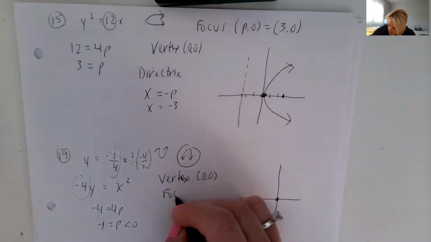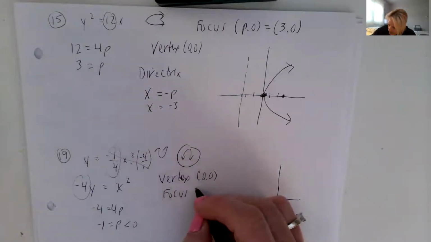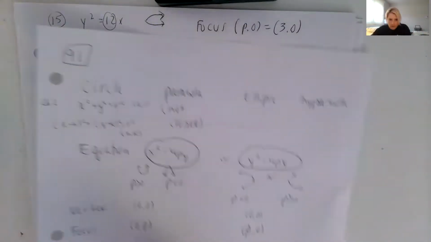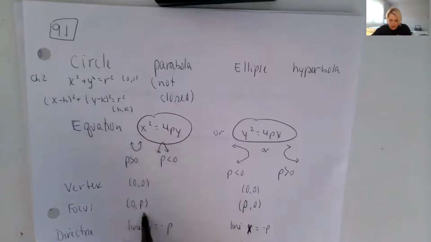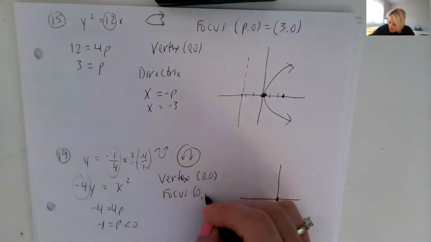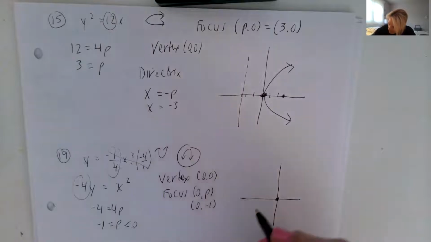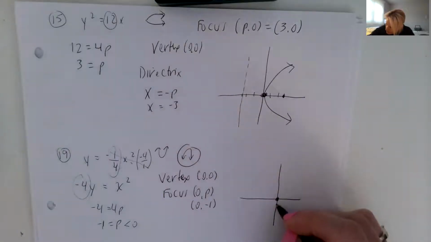So the focus is at 0, p because it's the x squared. So it's 0, p or 0, negative 1. 0, negative 1 is the focus. And so that means that distance is a 1.